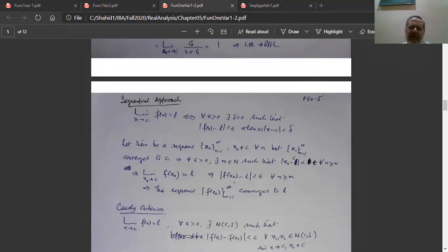In the examples above, I have just reviewed the process of finding limit using left hand side approach and the right hand side approach. If you are seeking limit x approaches a, I have worked with a minus delta for left hand limit and a plus delta for the right hand limit.